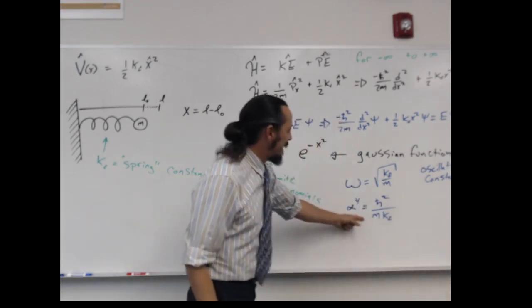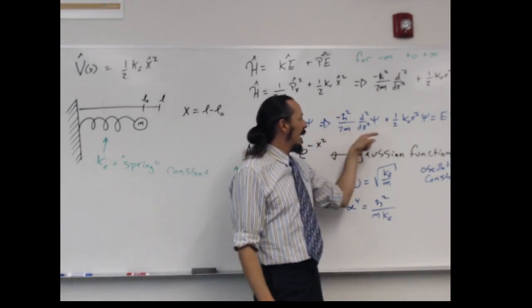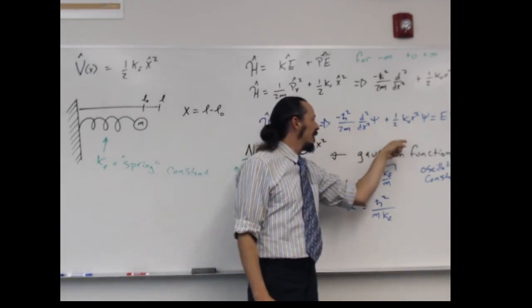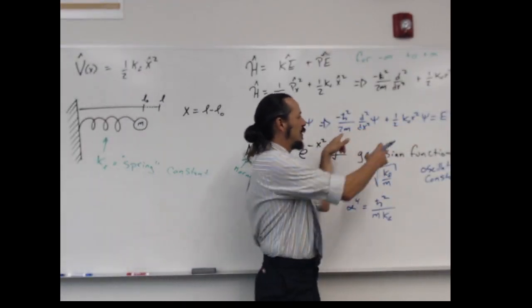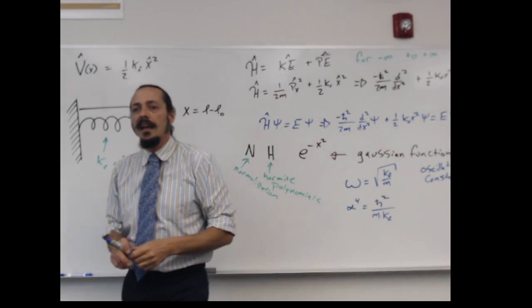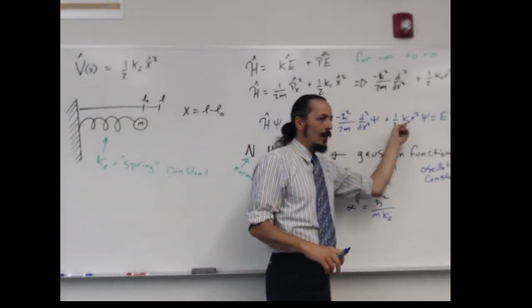And you can kind of see where this is coming from, right? If I multiply this over, I'm going to have this h bar squared related to this kf term. I'm going to have this 2m, these 2's are going to cancel, that m is going to be next to that kf term. So this alpha to the 4th term is going to end up in the equation someplace.